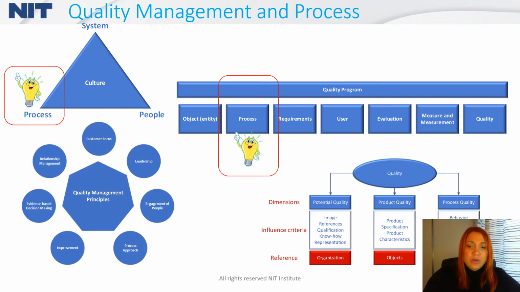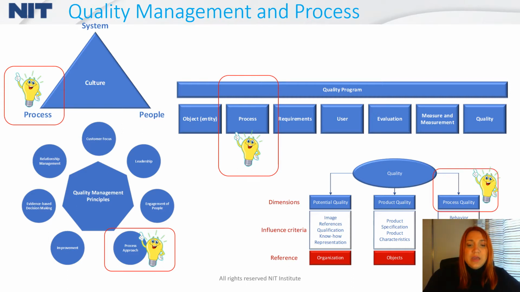Then we talked about the quality program, which explains the key terms of the quality management system. We mentioned objects, processes, requirements, users, evaluation, of course measurements, and the quality term. Afterwards, we mentioned the major quality principles by explaining how they are used in the PDCA cycle.